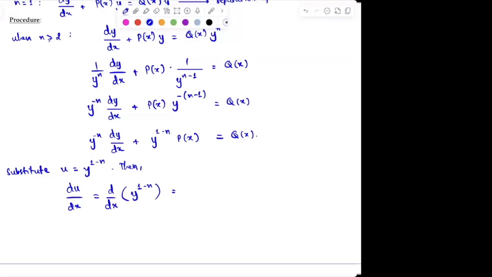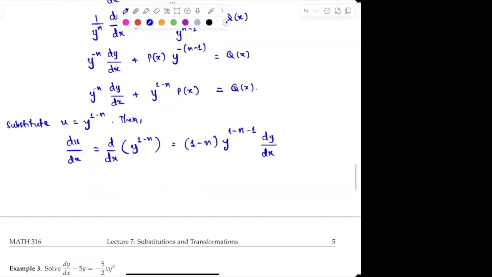The derivative of this gives you 1 minus n times y to the power 1 minus n minus 1 times dy/dx, because you need to use the chain rule: the derivative of the outside function multiplied by the derivative of the inside function. And then du/dx equals 1 minus n times y to the power negative n times dy/dx.